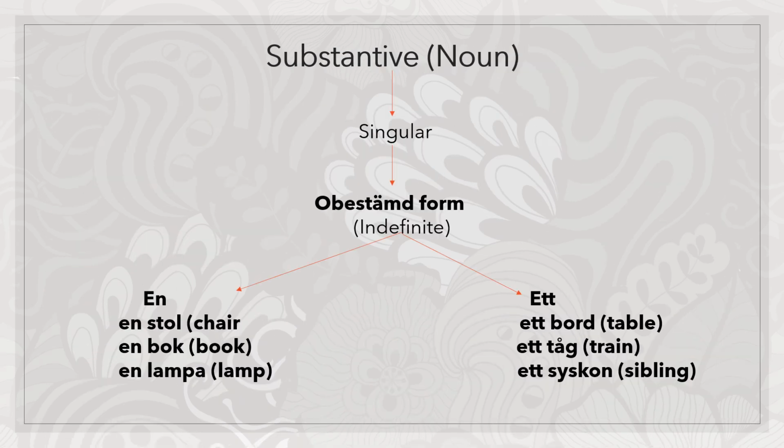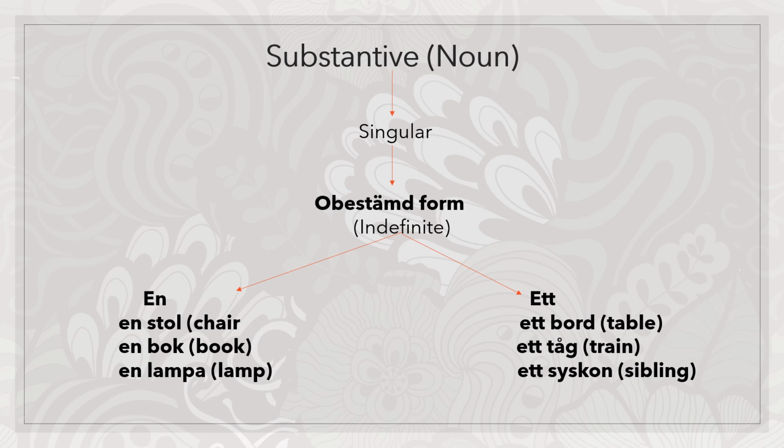By this chart, we can see that obestämd form or indefinite form has two types of words, en words or ett words. En words like en stol, en bok, en lampa, and ett words like ett bord, ett tåg, ett syskon.